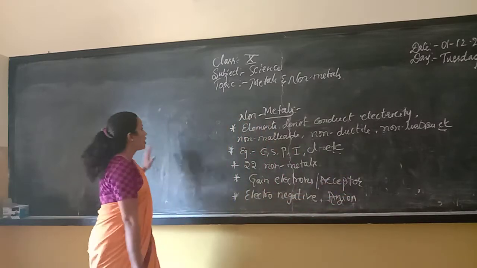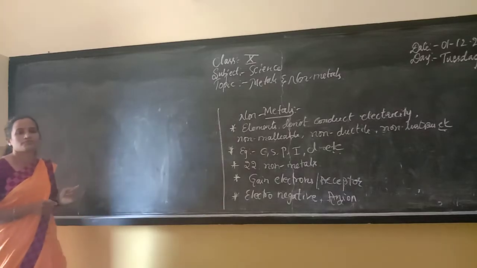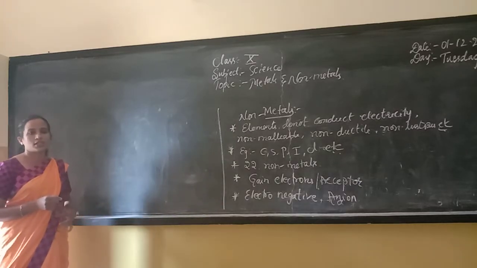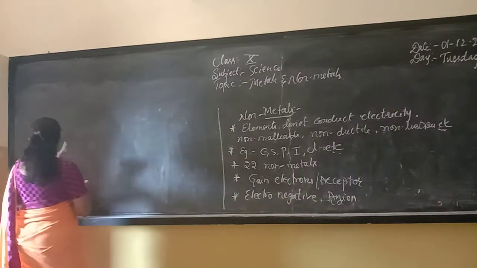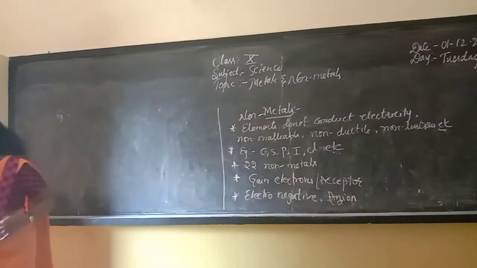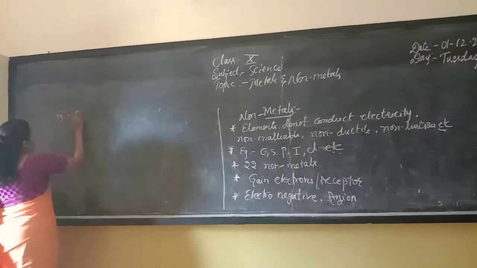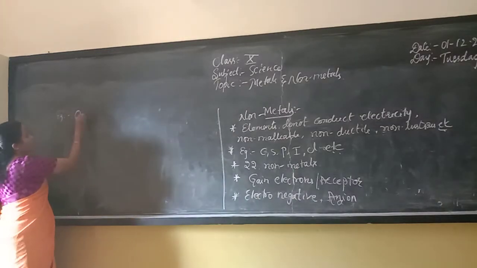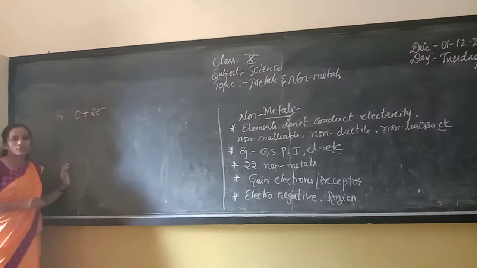Let me show you how it gains the electron. Understand children? So for example, let's take oxygen. Oxygen has the capacity to gain 2 electrons.